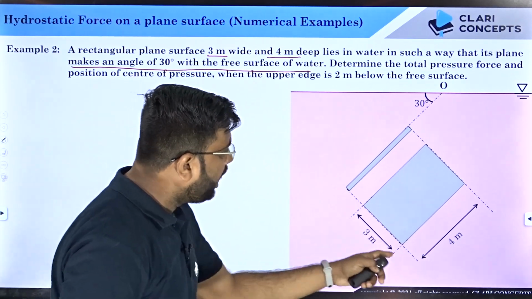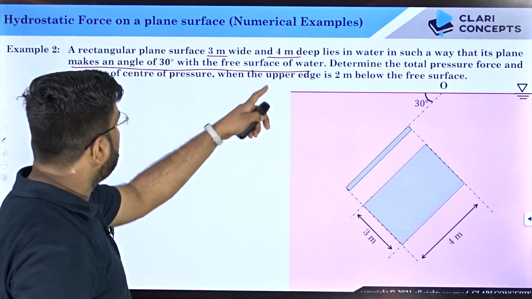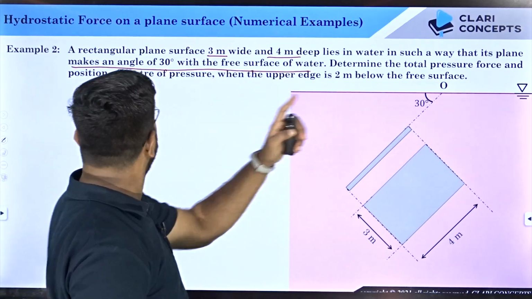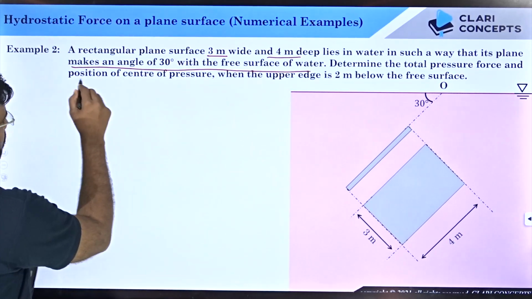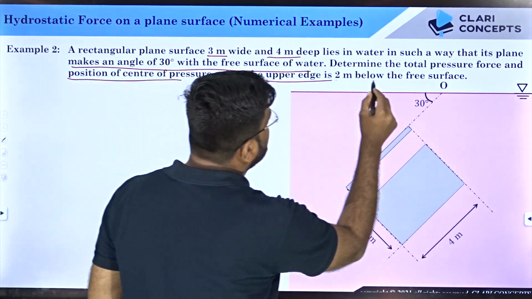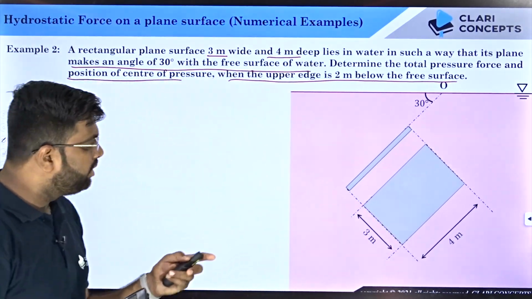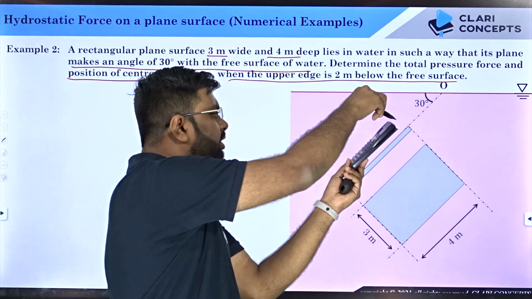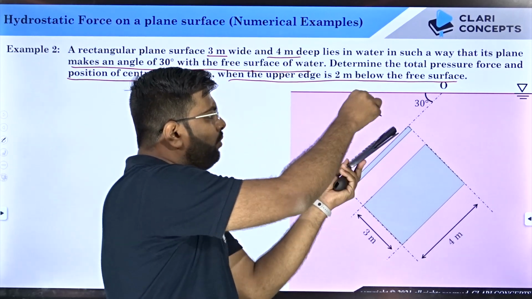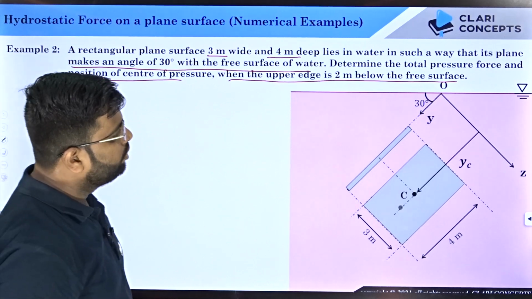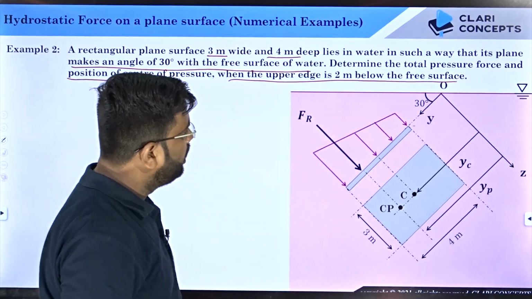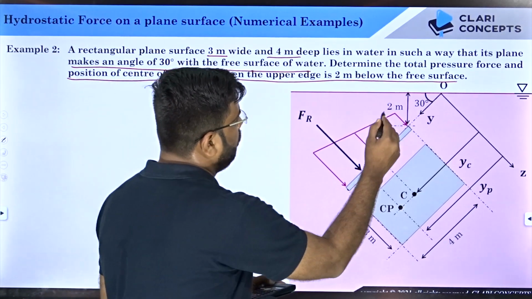Determine the total pressure force and position of center of pressure when the upper edge is 2 meter below the free surface of water, which means this is the plate and this is the upper edge. So the upper edge is 2 meter below the free surface of water, somewhere like this, right? I'll just put 2 here, 2 meter below.